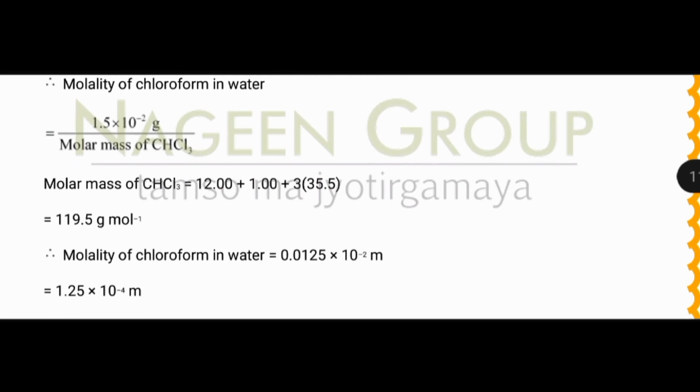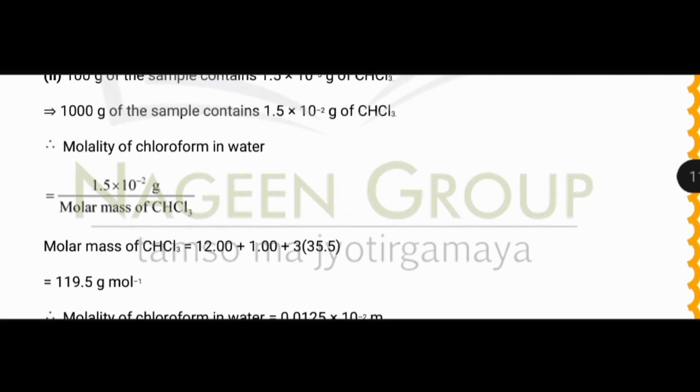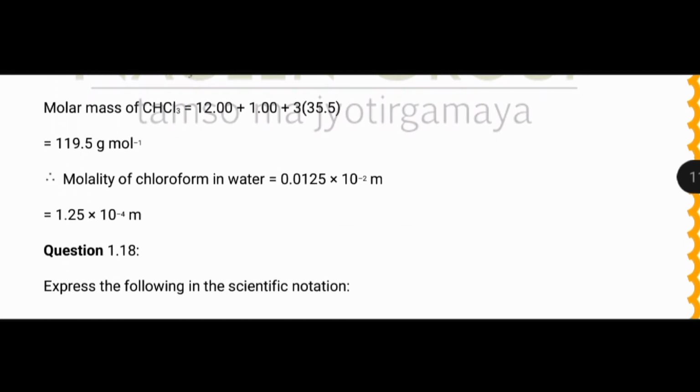So the molality of the chloroform in water is 0.0125 into 10 to the power minus 2 m, where small m represents molal, or you can also write it 1.25 into 10 to the power minus 4 molal.